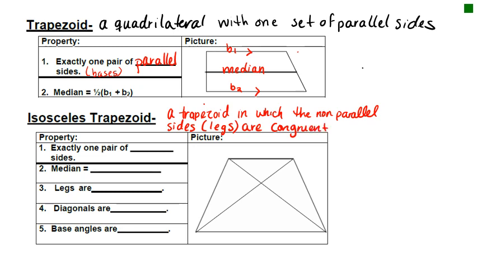So it's a pretty little trapezoid. It still has one pair of parallel sides. The median is still 1/2 base 1 plus base 2. But now the legs are congruent. So this leg is congruent to that leg.